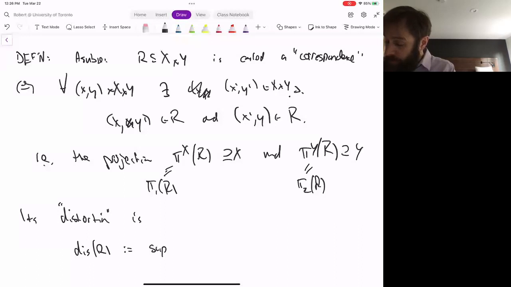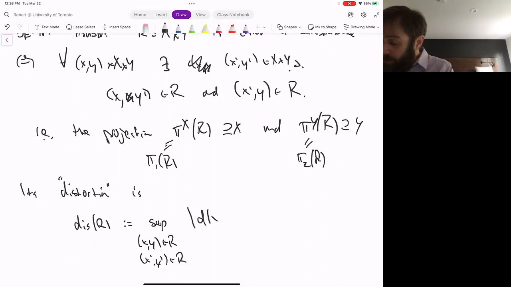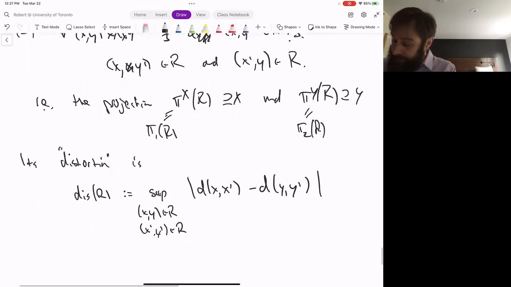So it's like the supremum over all pairs of points x, y in R and x prime, y prime in R of, you want to know, if you look at the distance between x and its partner, how different is that from the distance between y and its partner, when the partnership is with respect to the correspondence.